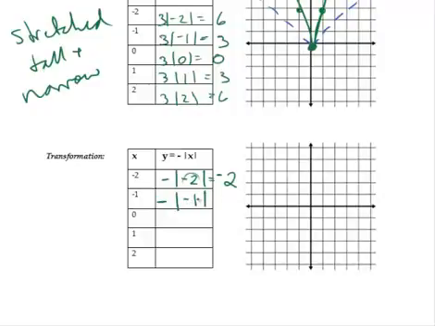Same thing. This negative becomes a positive, so it's positive 1, but there's the negative, so negative 1. Negative, absolute value of 0, and again, 0 is not positive or negative, so it stays 0. Negative, so this one becomes negative 1, and 2, so negative 2.